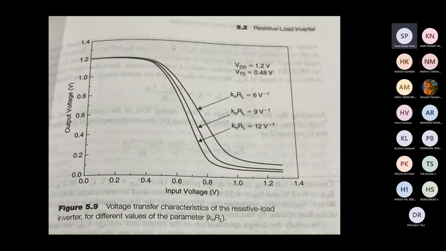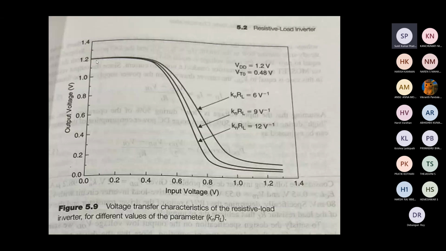The supply voltage VDD is taken as 1.2 volt, the threshold voltage is taken as 0.48 volt, and for different values of the product of Kn and RL, here 6 volt inverse, here 9 volt inverse, 12 volt inverse, the output voltage is plotted with respect to the input voltage.